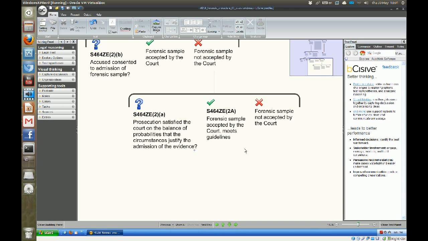So the court does have the discretion to admit a forensic sample got by means that were not really permissible according to statute.